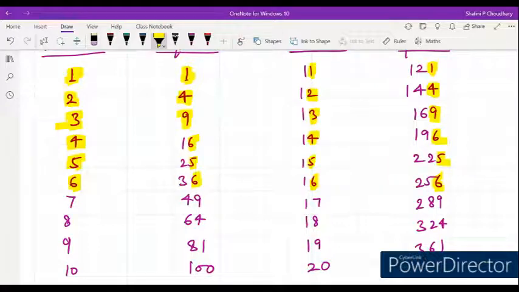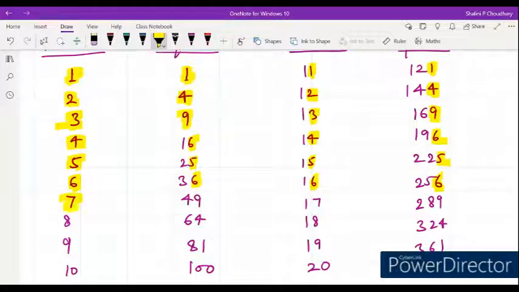For 36, the square of 36 will also have 6 at the units place. For 26 also, and 96 also, the square of 96 also ends with 6. The units place will be 6.